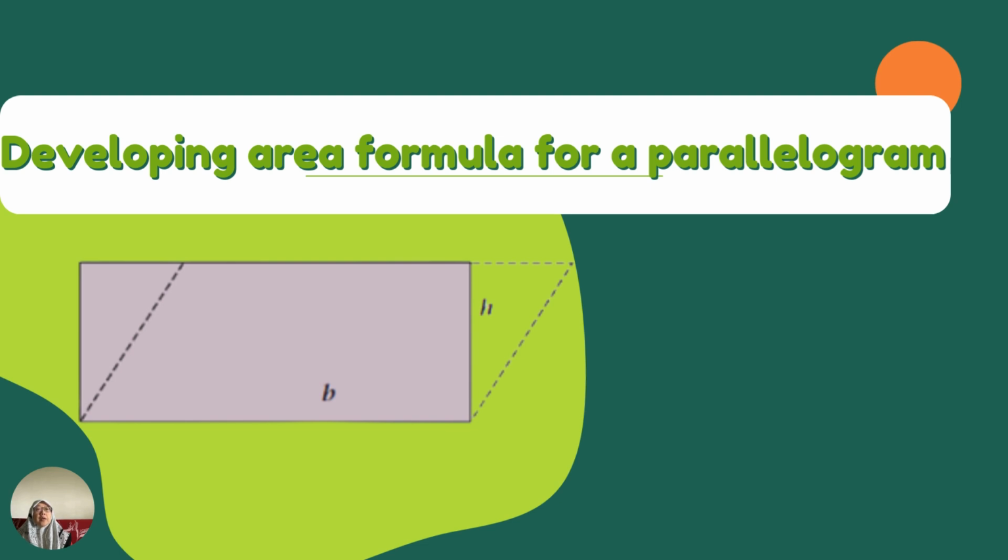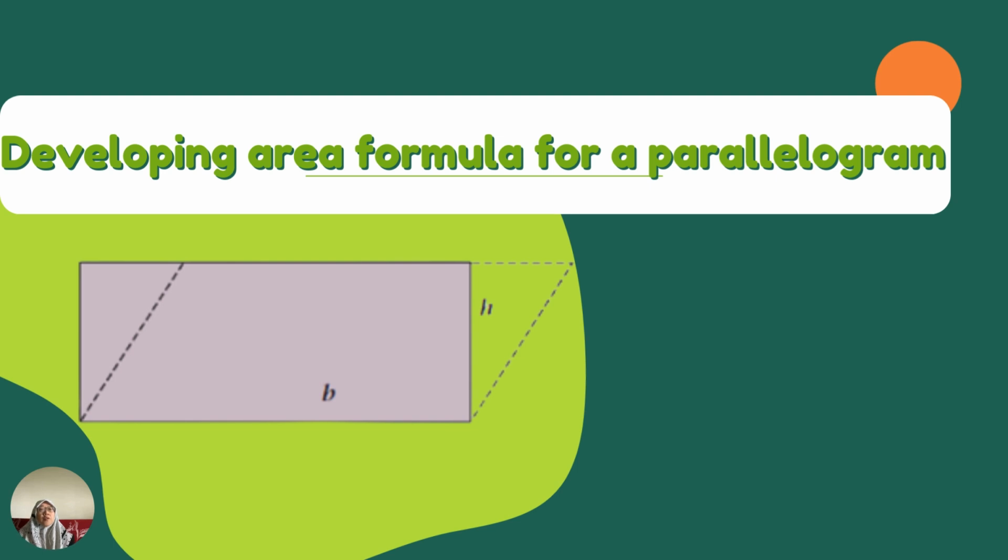The top part of the rectangle and the bottom part of the rectangle have the same length. The right side and the left side also have the same length. So this is, sorry, parallelogram.